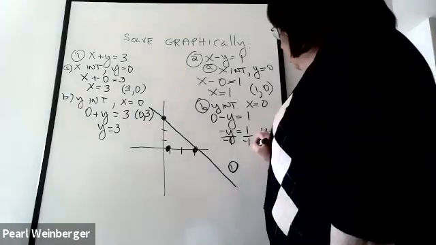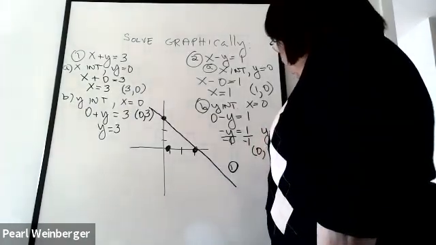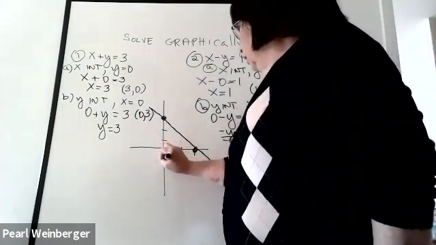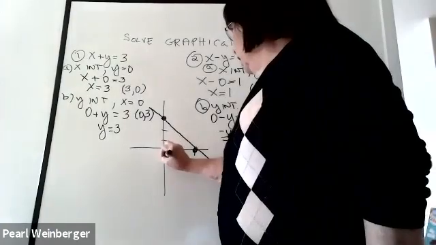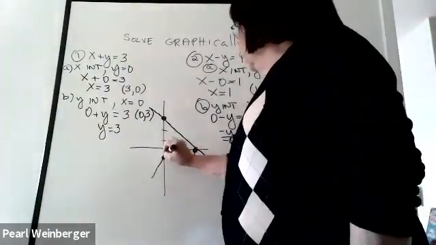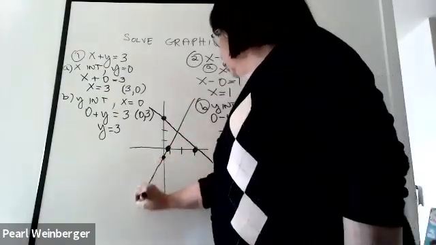In other words, the y-intercept is the point 0, negative 1. So here's 0, negative 1 right here. So if I connect those points, I get line number 2.